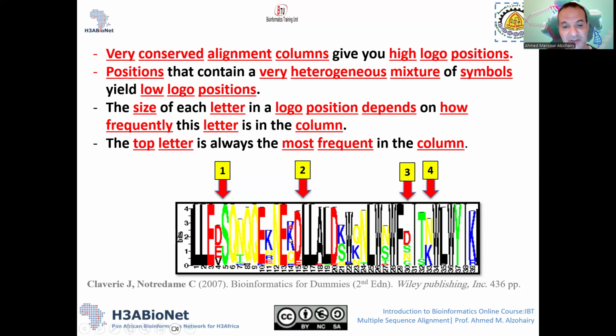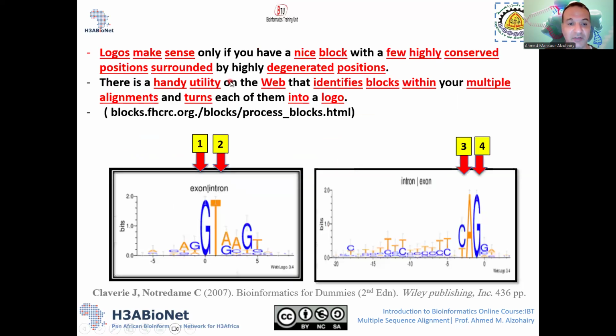So this letter, K, is more frequent than G, for example. Here K is also much more frequent in position number 21 than S and the others. And also, as we said, the top letter is always the most frequent.